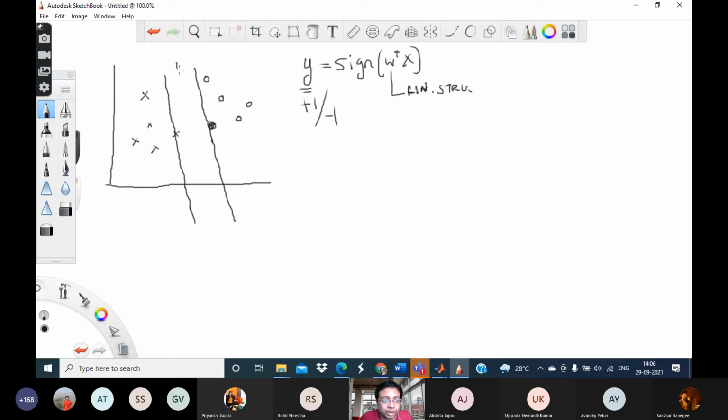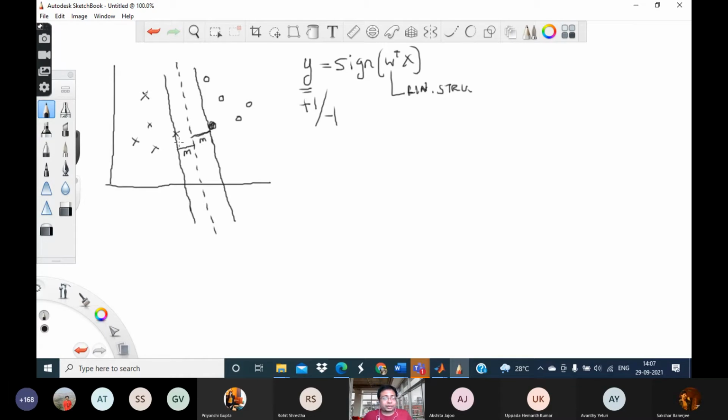Now suppose in between them but parallel to them, I draw a hyperplane classifier like this. This has equal margin from both the classes. Whatever is the magnitude of that margin, let's say m.